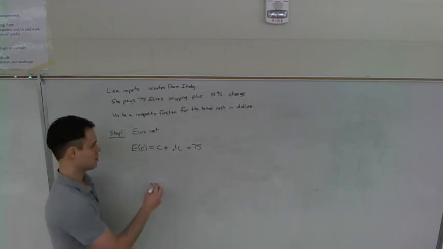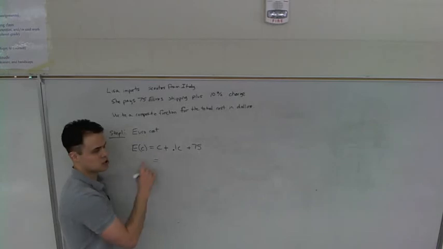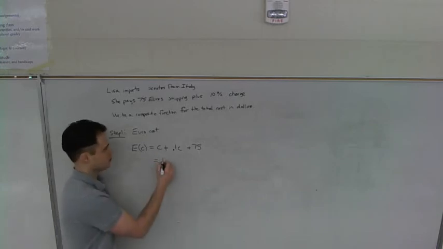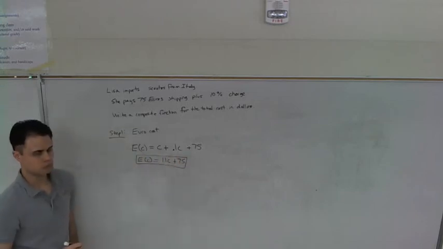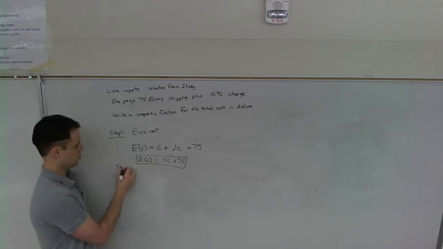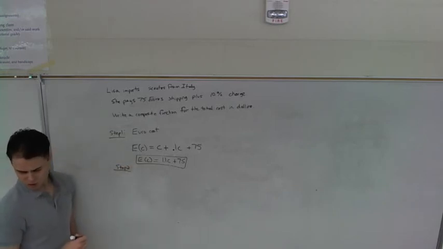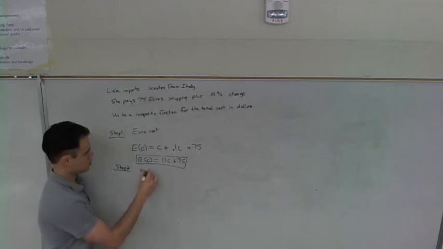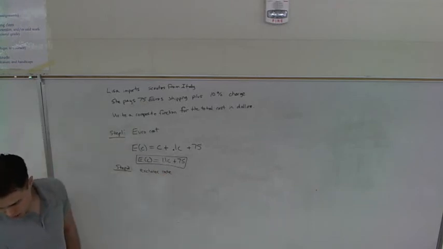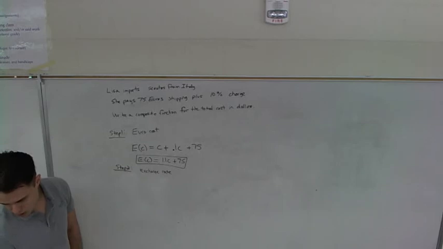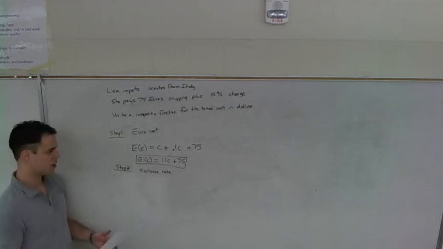Come on. Okay, so we can combine those, right? That's how much C? 1.1 C plus 75. Okay. So there's E of C. That's how much she has to pay for each one in euros. Step two, let's just do the exchange rate. Dollars to euros. At this time, there's an exchange table on page 685.